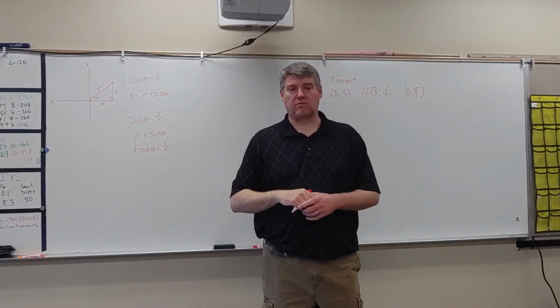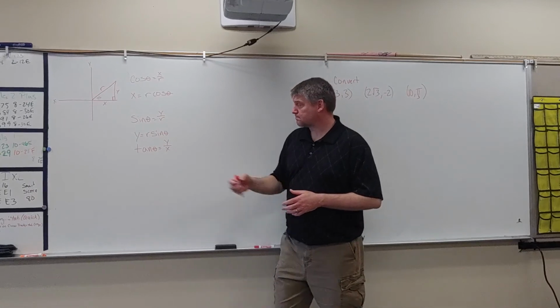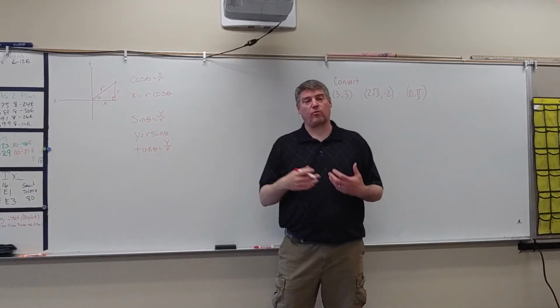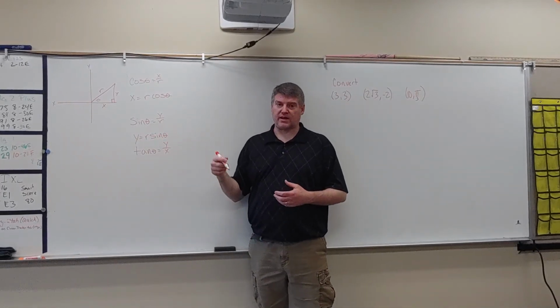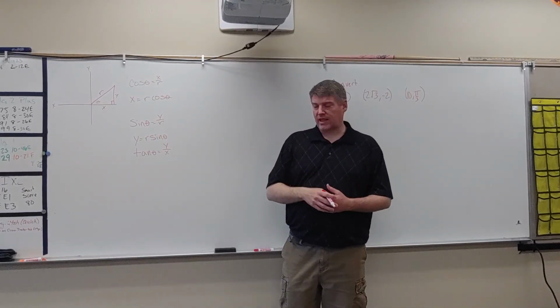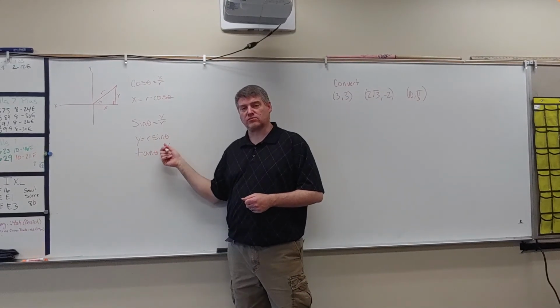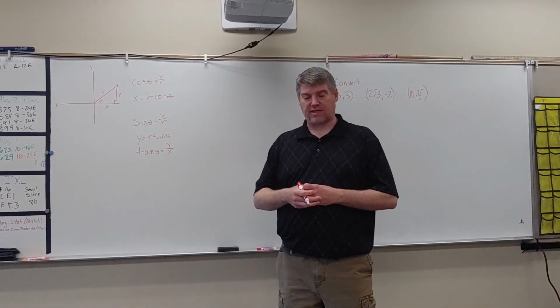That's important when we start looking at polar coordinates. And then we did the same thing for sine. So sine of theta is y over r, or y equals r sine of theta. Well, like we did last time, we want to understand that tangent of theta is y over x. Remember, that helps us find that theta or that angle.